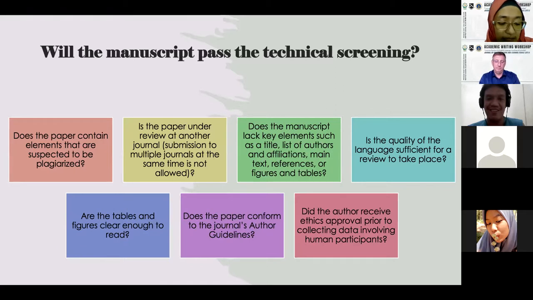And it is not over ambitious. It has a research question or the purpose of the research. And especially because David emphasized the ethics approval: ethics approval must be received from an institutional review before collecting data from research involving human participants.